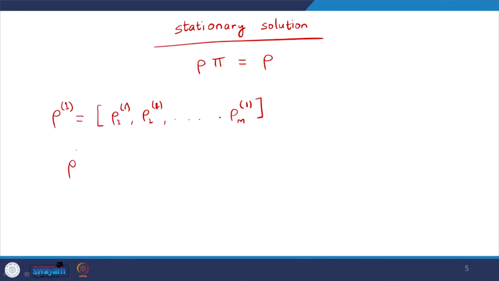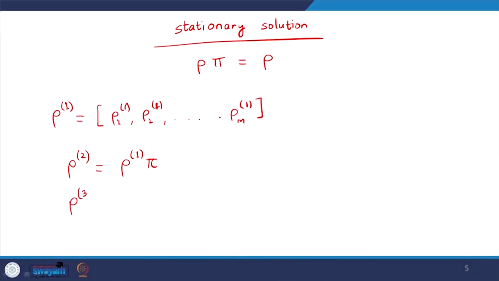So, what will happen after one step? After one step, the new distribution will be rho 1 multiplied with my transition probability pi, because pi is telling me the probability of going from state m to state n, right. So, if I multiply the probability density vector with the transition probability matrix, what I will get is the new probability density vector.